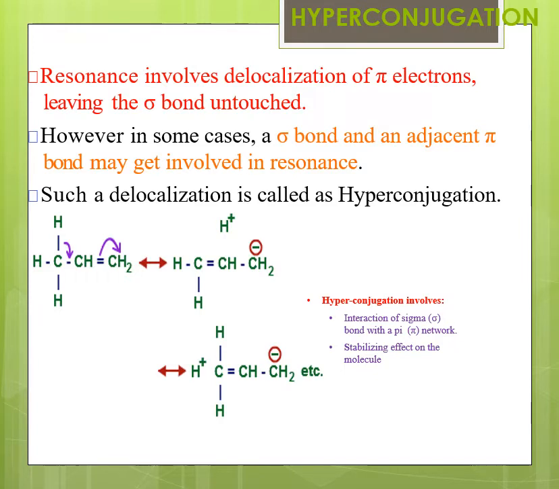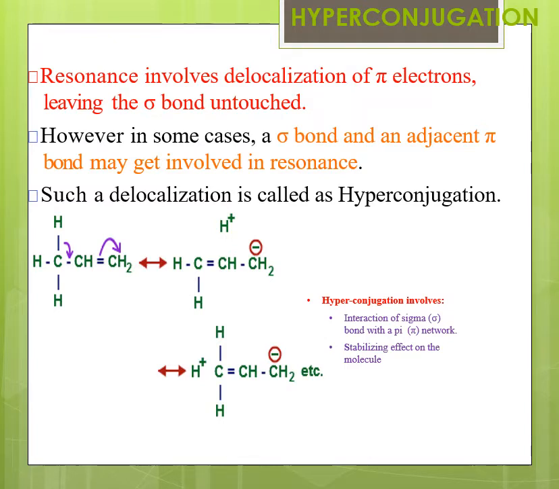So this delocalization of sigma and pi electrons is called hyperconjugation, and hyperconjugation involves interaction with sigma bond in a pi network, right? We can write this way, or we can write also in another way if we have shifted this other hydrogen, right? So we have different forms representing this structure.